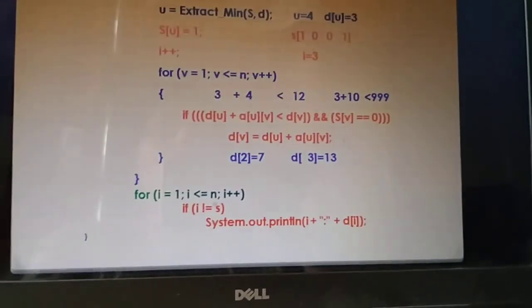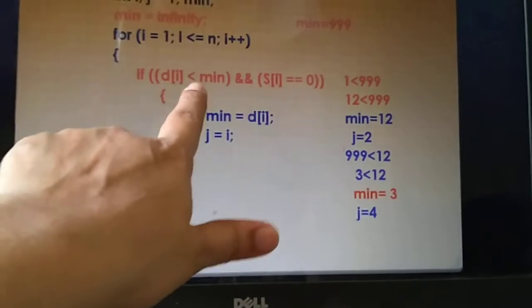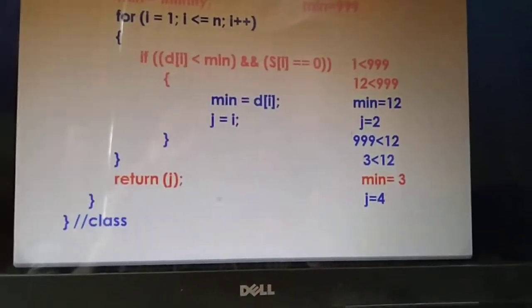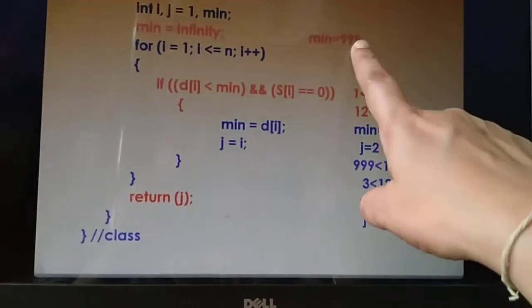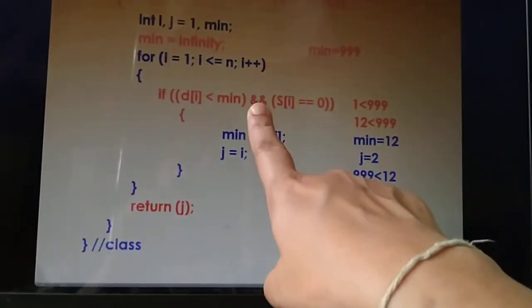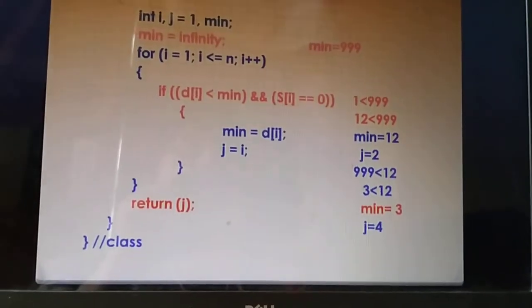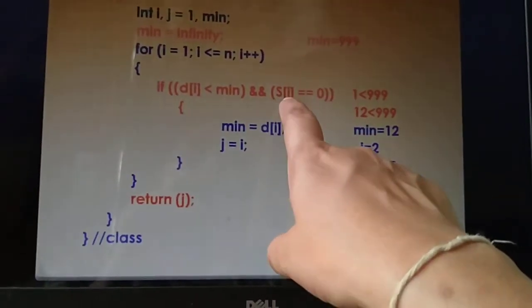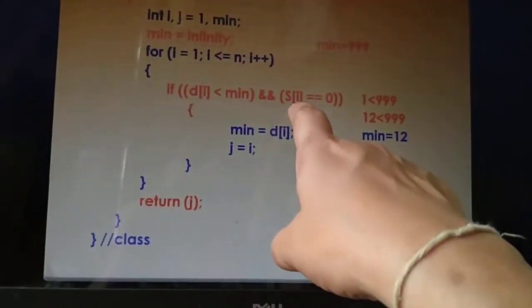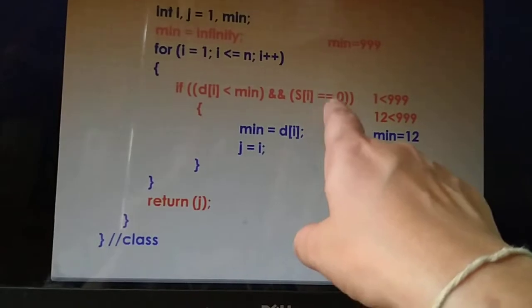Therefore d of 1 is nothing but 1. So 1 is less than min. What is the min value? 999. So yes. But here the condition is an and: is it a visited vertex or an unvisited vertex? Source vertex i represents 1. What is S of 1?